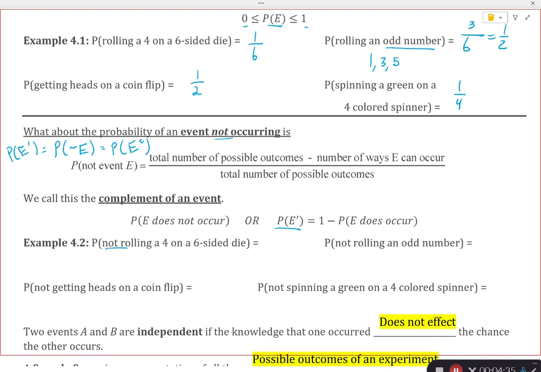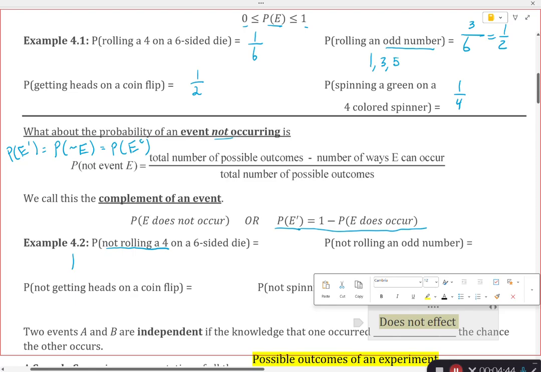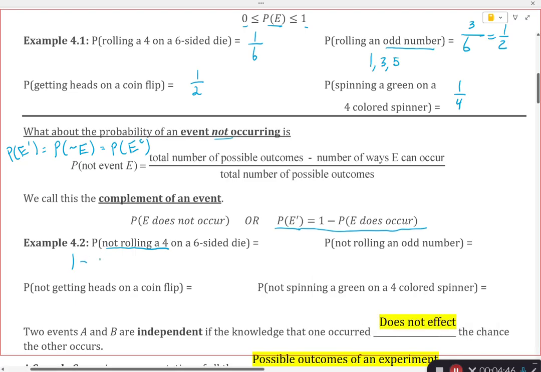So the probability of not rolling a 4 on a 6-sided die would be whatever's left over. So we can use this formula here, which would be 1 minus the probability of getting a 4, 1 out of 6. And what's left over? Well, there are 5 different possible outcomes.